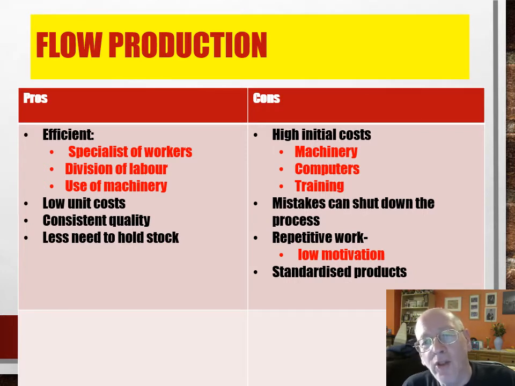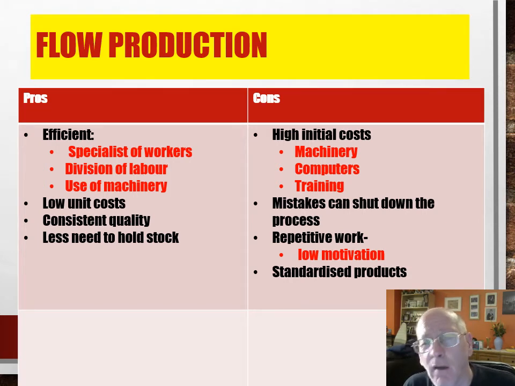However, the initial costs are very, very high. Typically, you're going to have computerization or robotization. You're going to need a lot of machinery, and your staff need to be highly trained. And the thing about flow production is that if you have a mistake anywhere on the production line, it will shut down that entire production line. The job tends to be quite boring for workers.